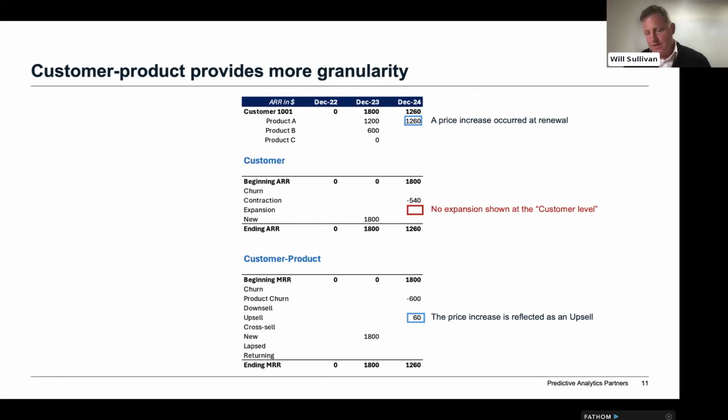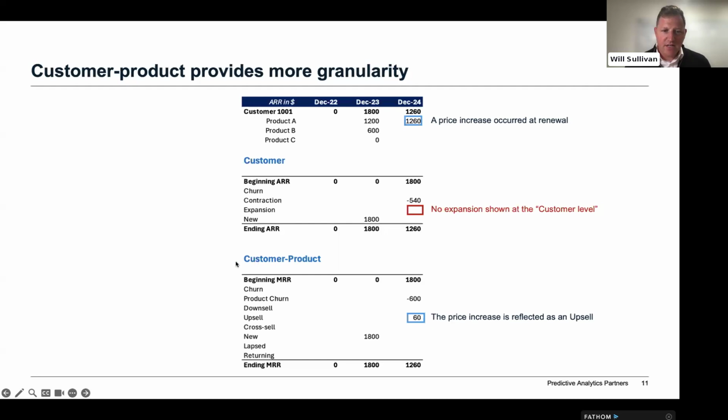It is. And thank you for bringing that and hammering that home. This I refer to as a customer case study. We can see the details of what they purchased in their customer journey over time. And then we use this terminology of churn, contraction, expansion, and new at the customer product level to analyze the customer journey at scale. And I want to repeat that. That's so important.